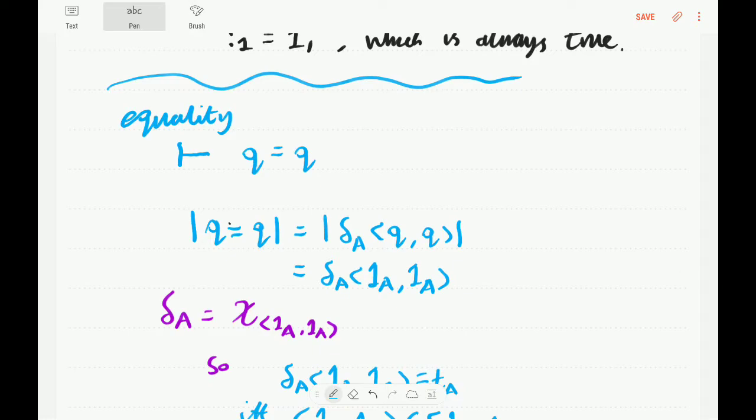Here's another one of our sort of foundational results that we want to prove. This is that Q is always equal to Q. This is easy to see. Interpretation of Q equals Q is delta Q after identity comma identity.